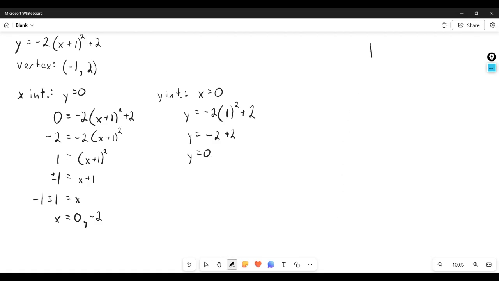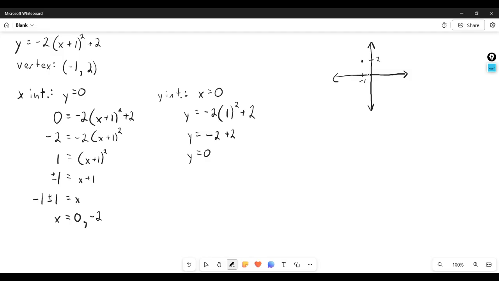Okay, let's do a little sketch. So our vertex is at minus 1 and plus 2. Say it's there, minus 1, plus 2. It needs to go through these points where y is 0 and x is 0.